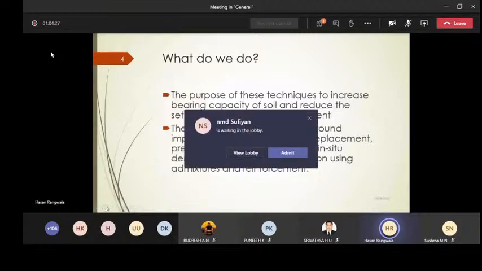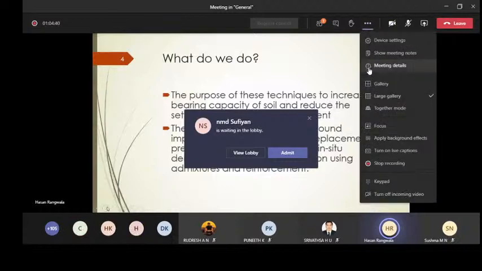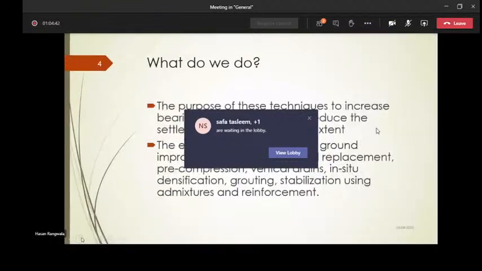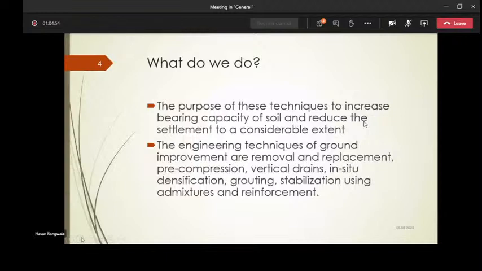What do you mean by considerable extent? To reduce the settlement within the limit that has been prescribed in either the IS code or maybe in the project document.